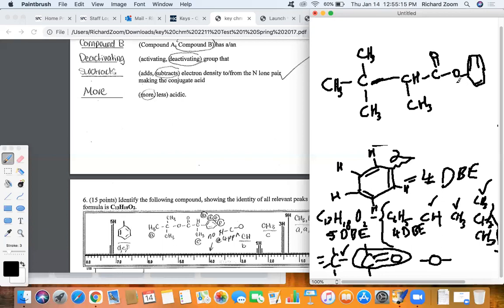Now the other thing we know is that this can't be switched around. I can't put the O. Can you see my cursor? Yes. Okay, right. So we know that the CH is not connected to the O, because if we look at the correlation chart, we'll know that a CH connected to an oxygen is going to be at 4 ppm.